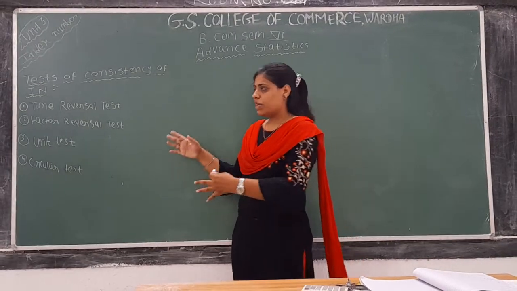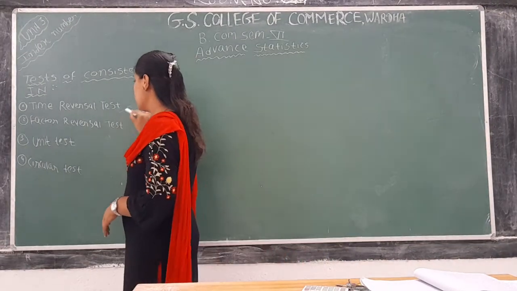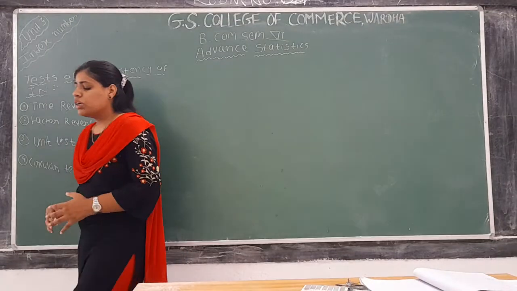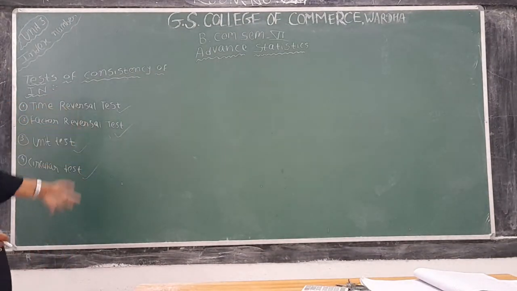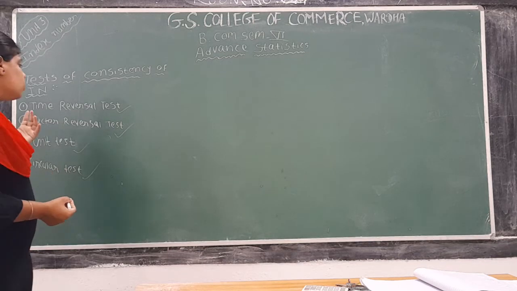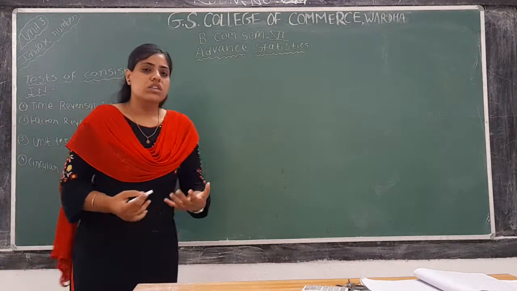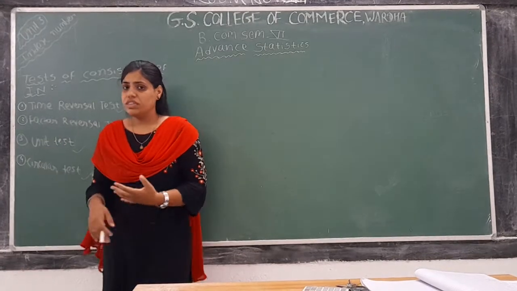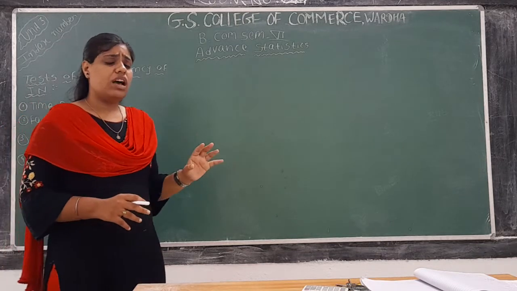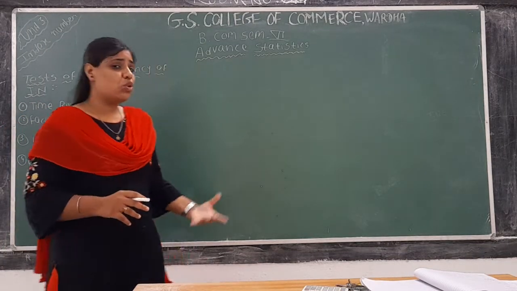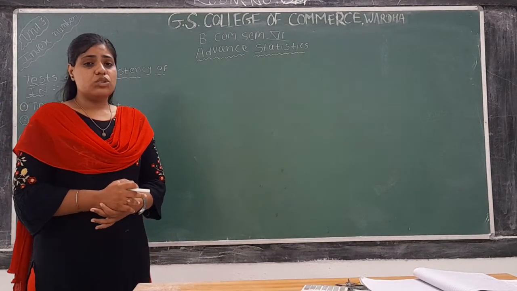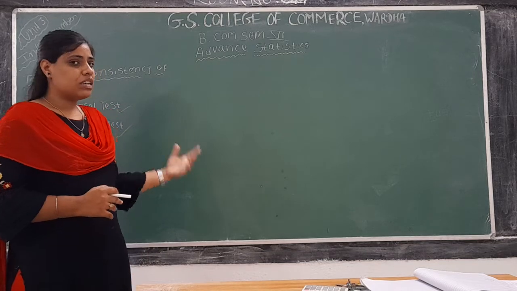There are many tests like time reversal test, factor reversal test, unit test, circular test, etc. By using these different tests, we can determine which index number is more accurate. How are these tests used? These tests are used on various formulas, and any formula which satisfies more of the tests, or the maximum number of tests, is considered to be more accurate for computing index number.